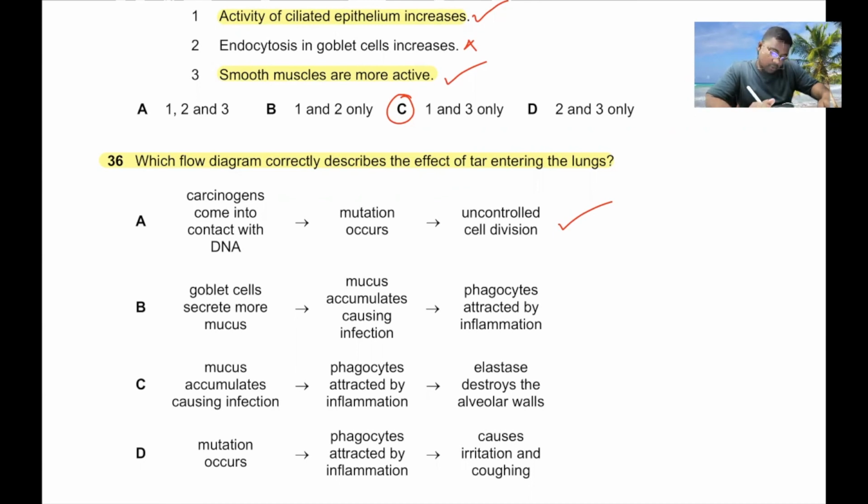Mucus accumulates, causing infection. Phagocytes attracted by inflammation. Elastase destroys the alveolar wall. Okay. Mutation occurs. Phagocytes attracted by inflammation causes irritation and coughing. All right. So after mutation, it talks about irritation and coughing, so should be canceled out.